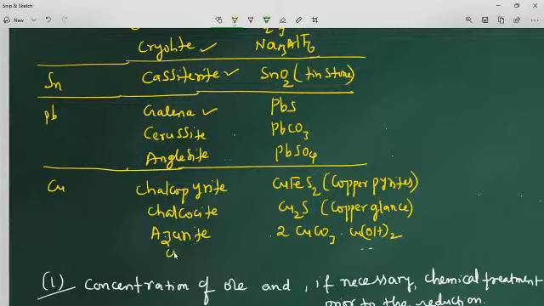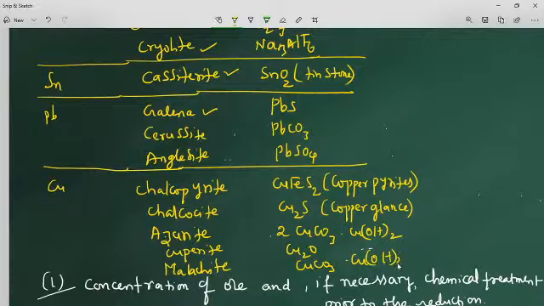We have cuprite, that is Cu2O. And malachite, that is one mole of CuCO3 and Cu(OH)2 mixture.